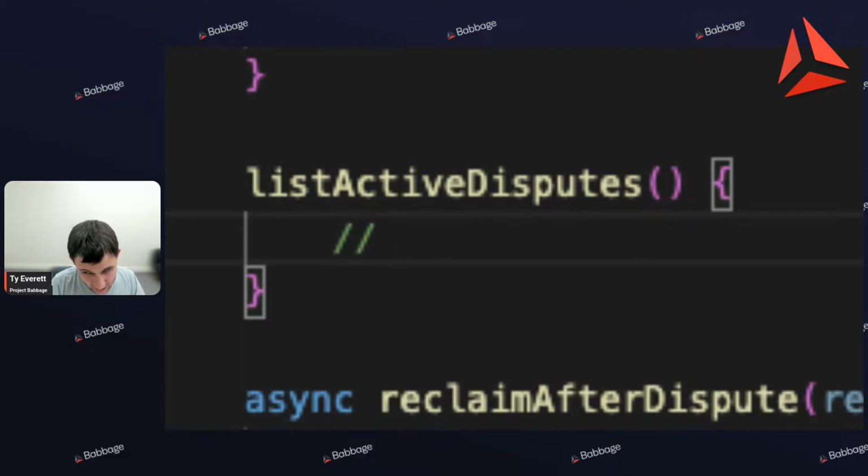How do we get a list of all the disputes that we have? When we raise a dispute, it goes to the overlay.